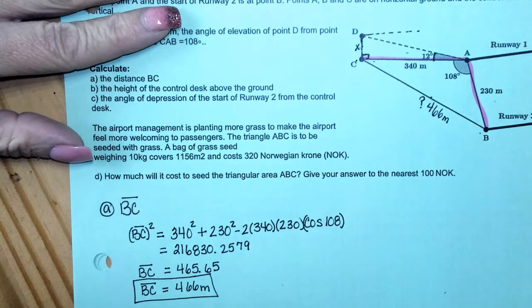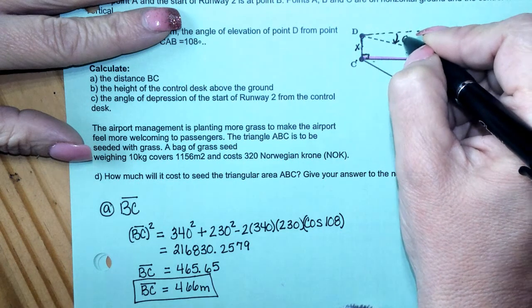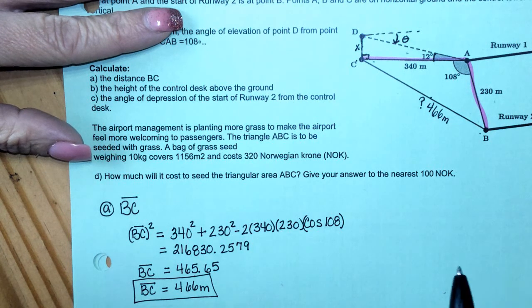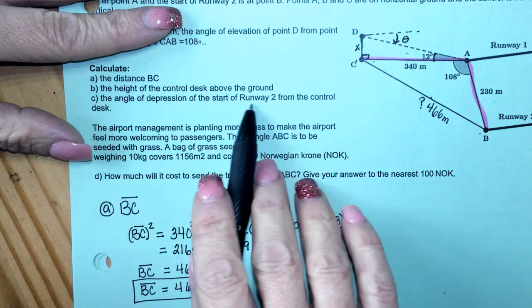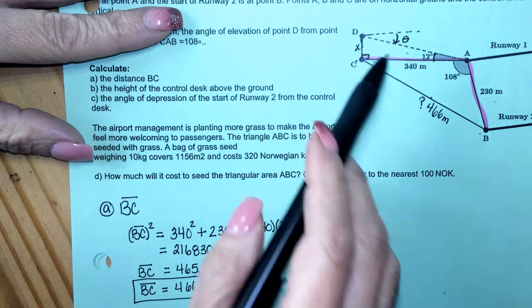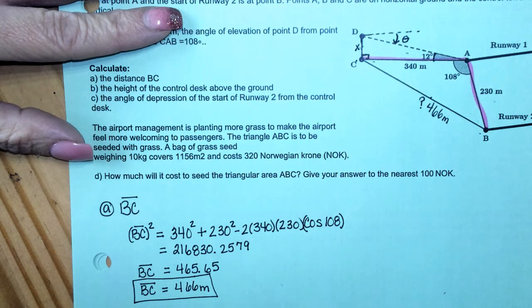The angle of depression. So this would be the angle of depression to runway 2, so here. Okay, so we're going to look down here. Yeah, goes down to this.